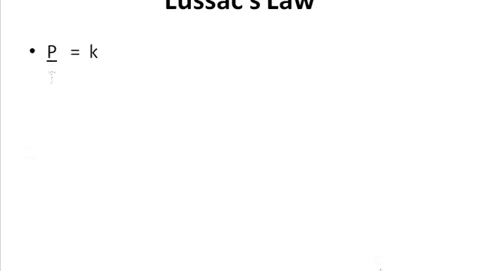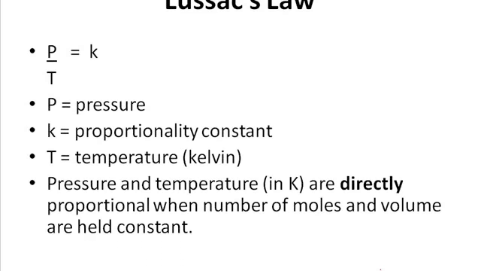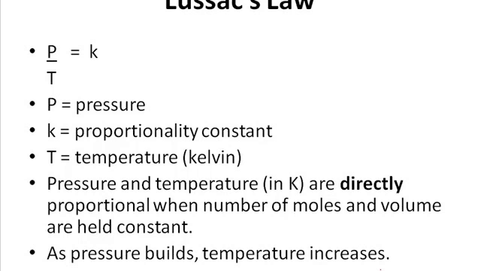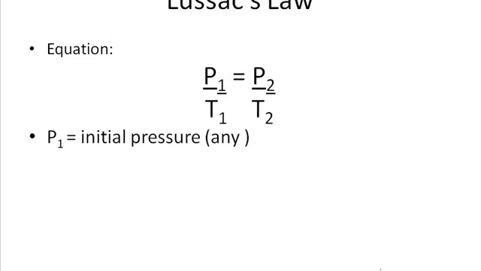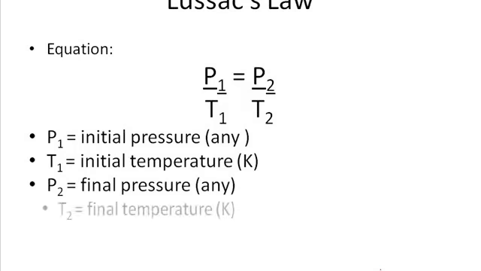Gay-Lussac's law. Gay-Lussac's law relates to pressure and temperature, and pressure and temperature are directly related when the number of moles and volume are held constant. So in other words, as pressure builds, temperature also increases. Gay-Lussac's equation is this, where you have P1 over T1 equals P2 over T2, 1s and 2s, initial and final.